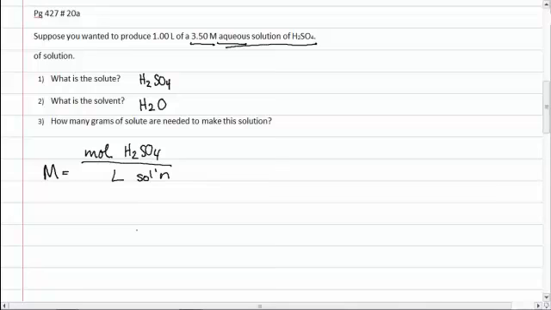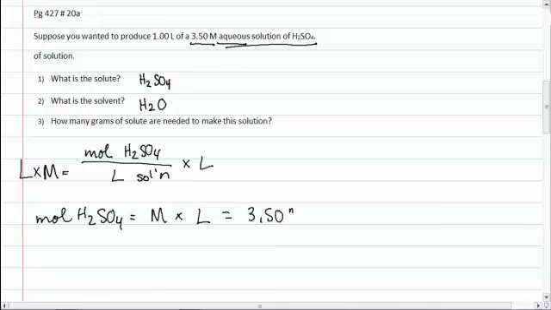We would then solve this equation for moles, so multiply both sides by liters, we get moles of H2SO4 equals the molarity times the volume in liters. And then you would just calculate that out. 3.50 molar or moles per liter times 1.00 liters gets us 3.5 moles of H2SO4.